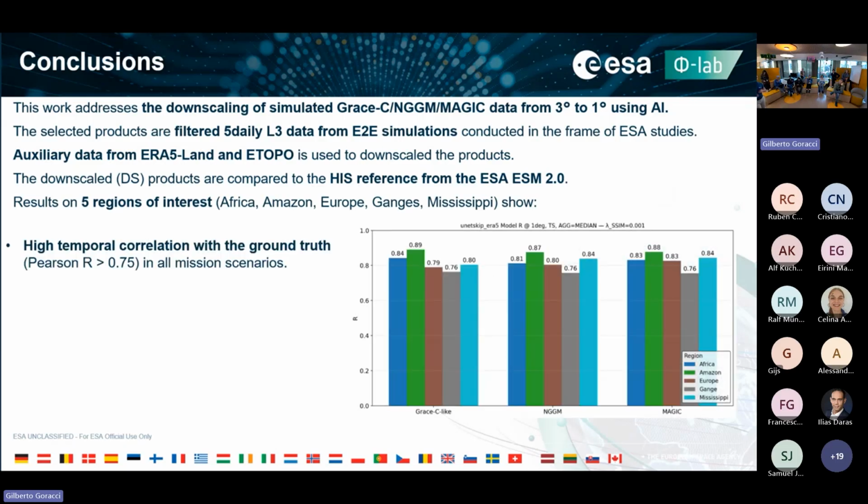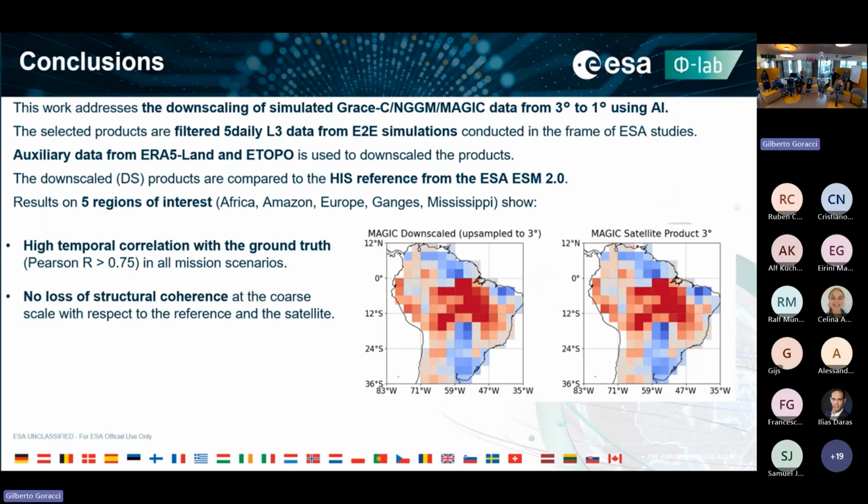So we have high temporal correlation with the ground truth for all mission scenarios. This means that overall, how the TWS changes over time is coherent with our HIS reference in all the mission scenarios.